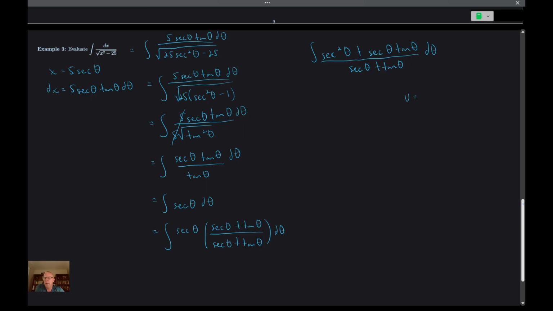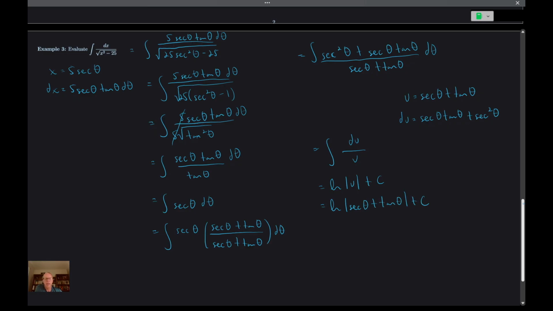All right, so we let u equal secant theta plus tangent theta, and then du equals secant theta tangent theta plus secant squared theta, since the derivative of tangent is secant squared theta. So now this numerator just becomes du, and the denominator is just u. So this becomes ln of the absolute value of u, plus c. Substitute secant theta plus tangent theta.